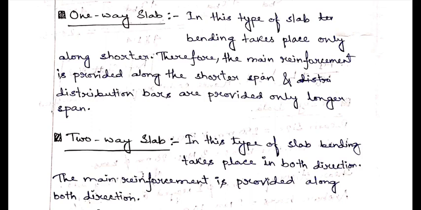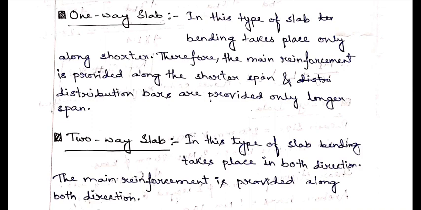So, this is the definition by which you can understand what a one-way slab is more easily. Now, in case of two-way slab, bending takes place in both directions. So, the main reinforcement is provided along both directions. This is the basic difference between one-way slab and two-way slab.